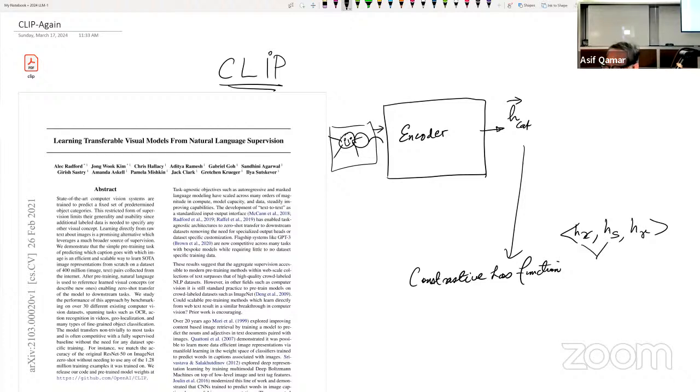You want to maximize the similarity, or minimize the distance, between hx and hs, and you want to minimize the similarity between these two. When you do that, that is called contrastive learning. Because then you're training the machine with a different loss function, and so for the same picture, a different kind of output vectors will start coming for words.